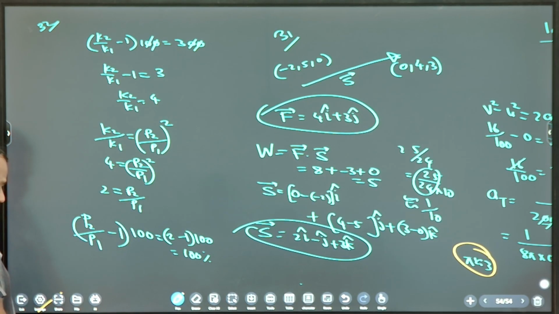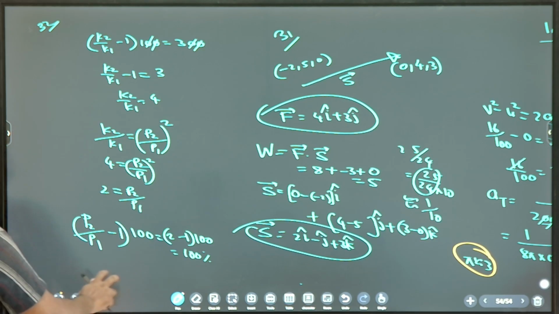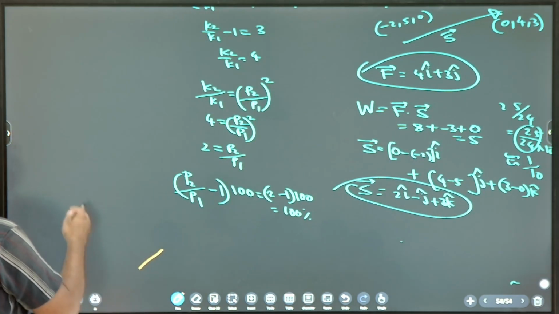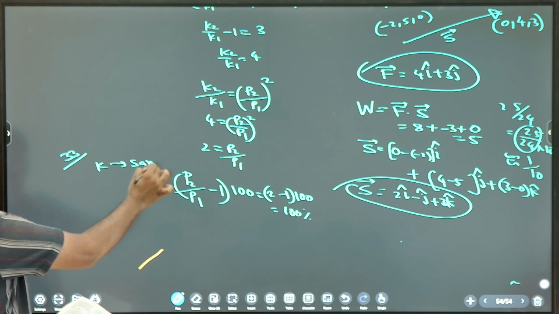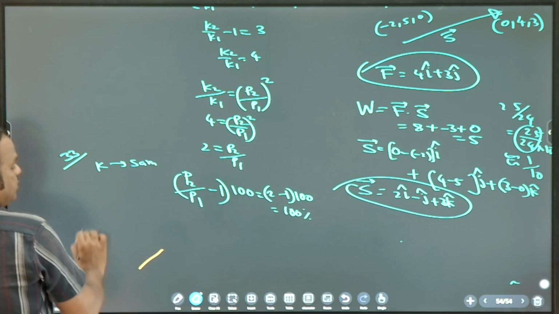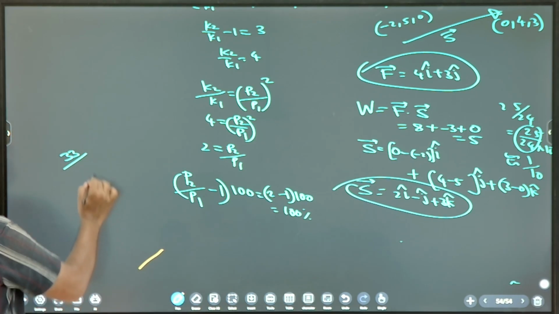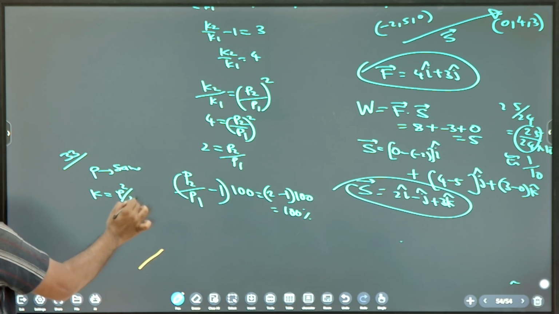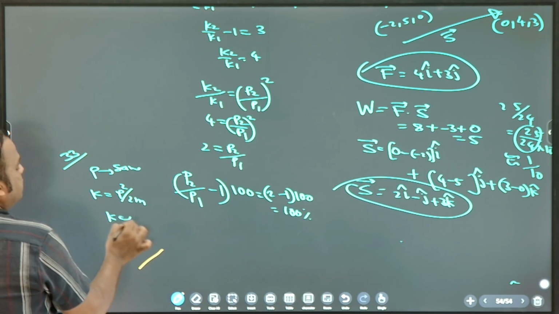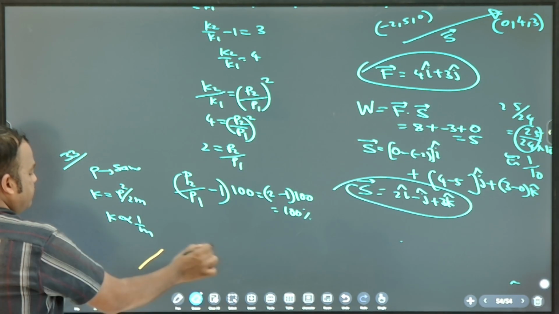Two bodies with kinetic energies 4:1, same momentum, ratio of masses. Again, it is a repeated question. So three questions are there like this only. Momentum is same here. So K is equal to P square by 2m, so K is inversely proportional to m.